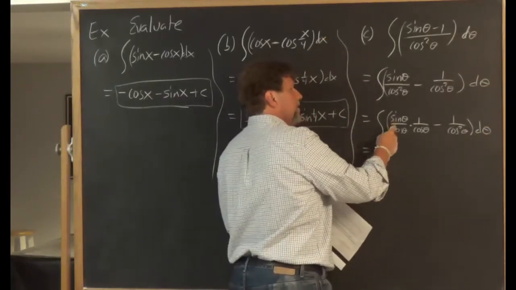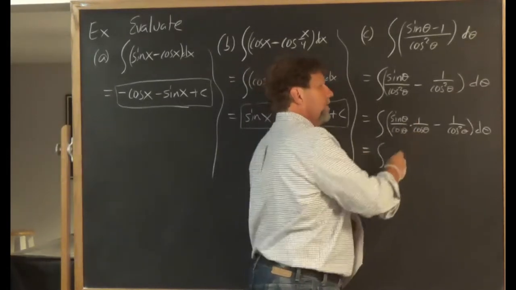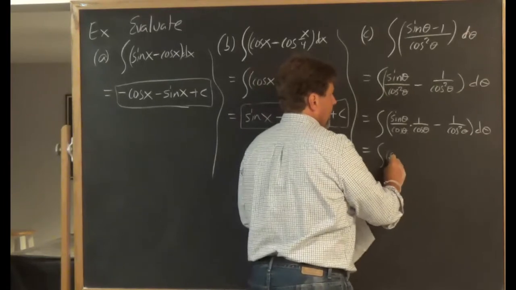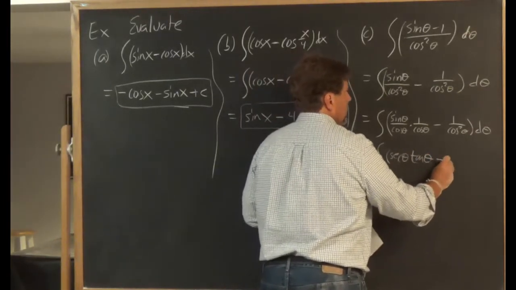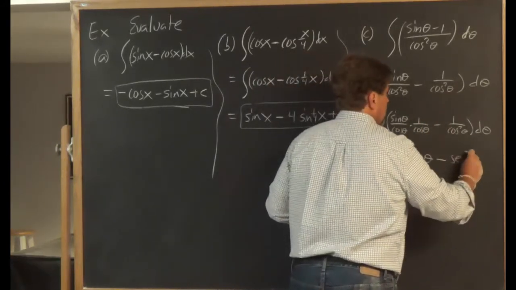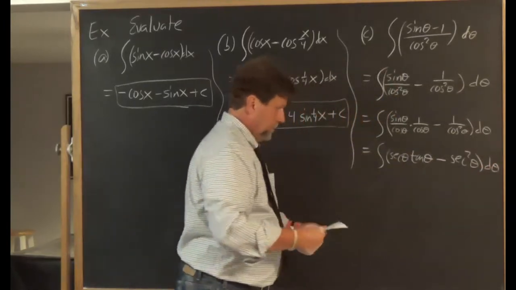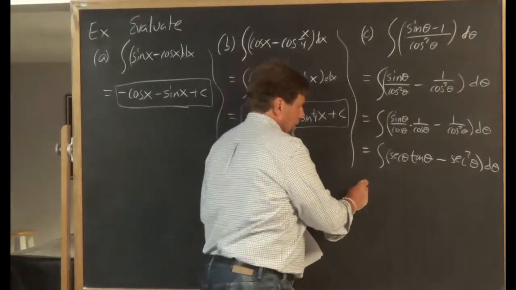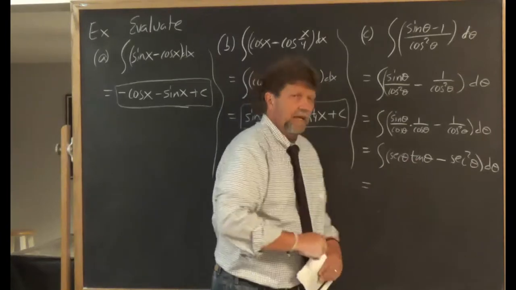Well, we know sine over cosine is tangent. We know 1 over cosine is secant. So this is nothing more than secant theta tangent theta. And 1 over cosine squared is secant squared theta. So folks, the antiderivative of secant theta tangent theta.